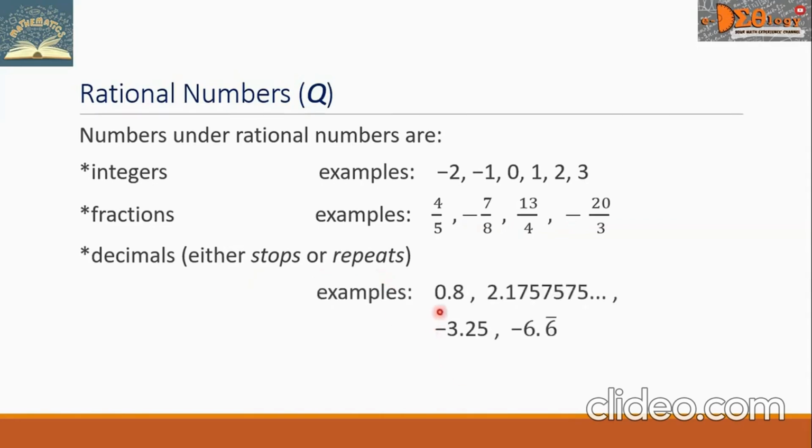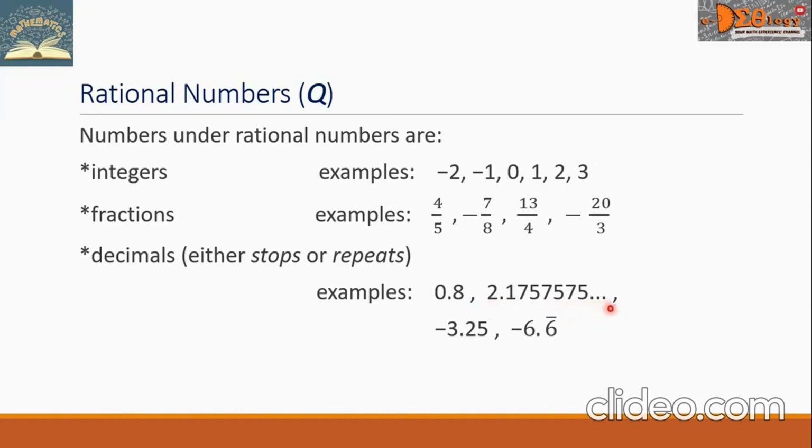Examples are here. First example, 0.8. This is a decimal that stops. So this is a rational number. Another example, 2.1757575 and so on. We can see here a pattern of repetition on the 75.